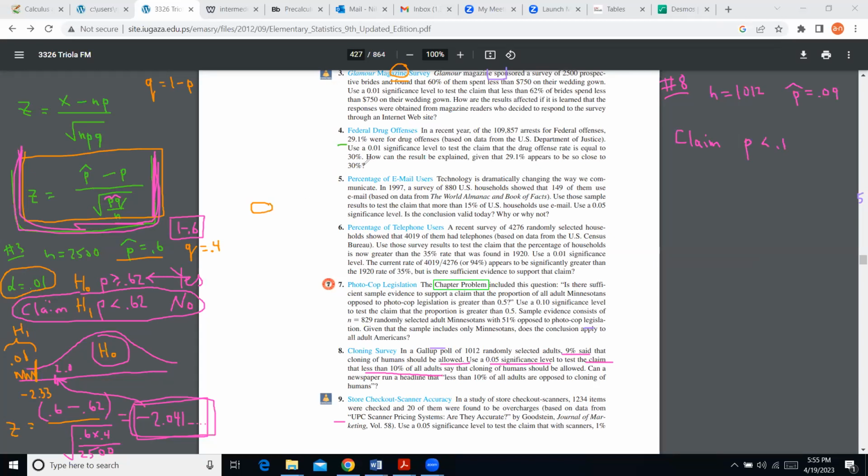So let me again go to the exercise and get this picture of our claim, which looks like it will fall into H1, right?